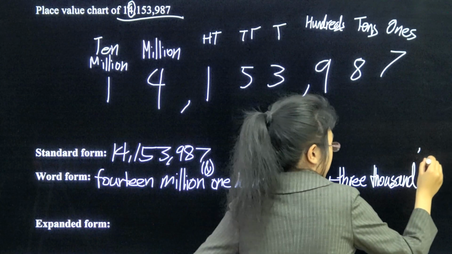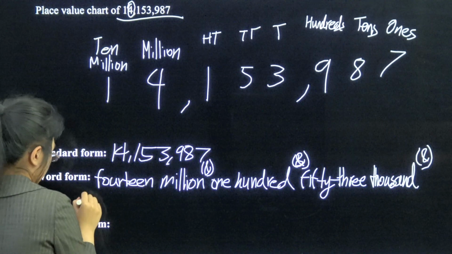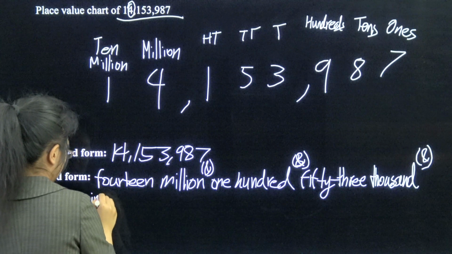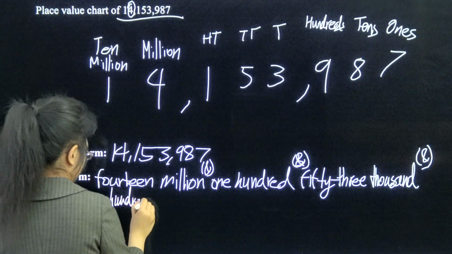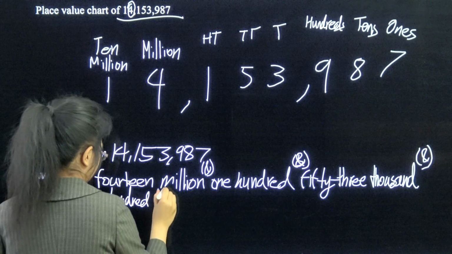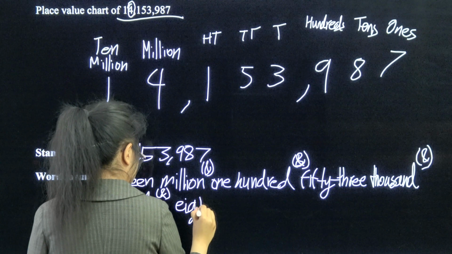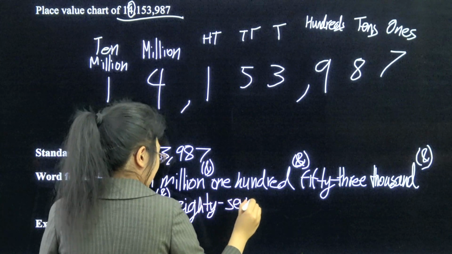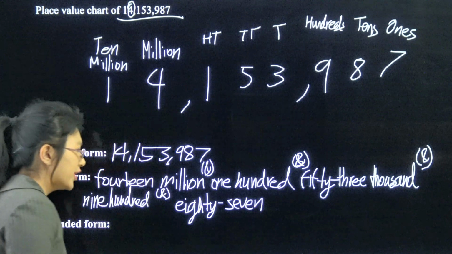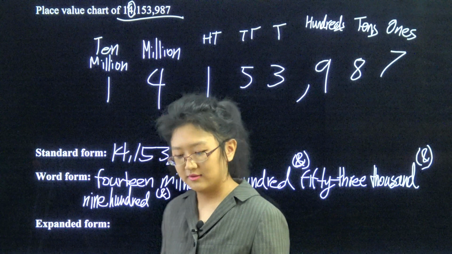You can put an and here. 900. You could put an and here. 87. In general, there's a lot of ands that you can put. Different people have their different habits of anding.